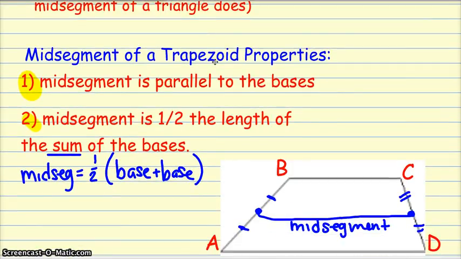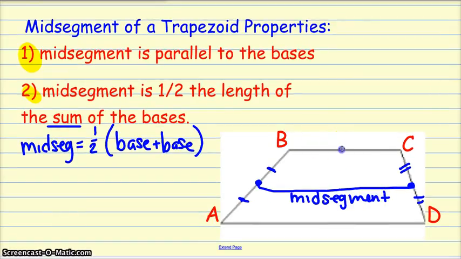So these are going to be those non-parallel sides. There are 2 properties, and these properties are similar to that of the midsegment of a triangle. The midsegment is parallel to the bases. So think about this is a base, this is a base. If it's a trapezoid, they're parallel. The midsegment is parallel to it, and it's half the length of the sum of the bases. In a triangle, the midsegment was half whatever the length of the base was. So if this was 6, this was 3.